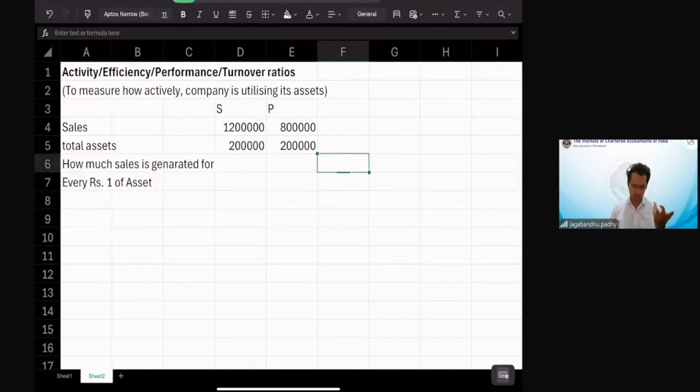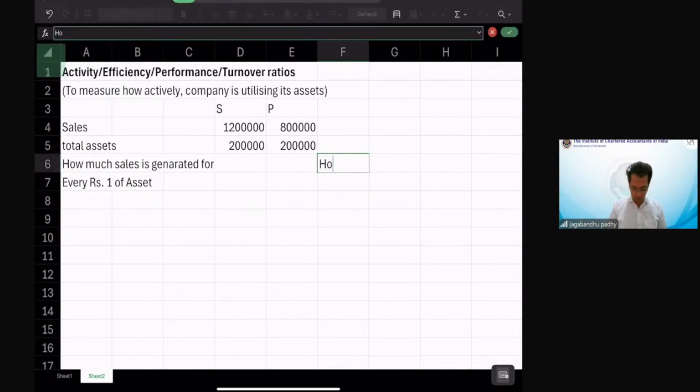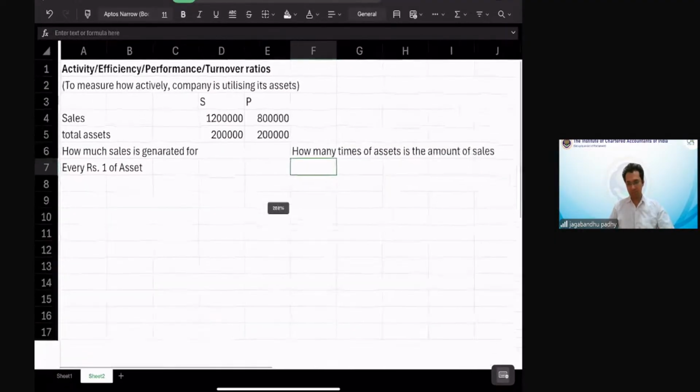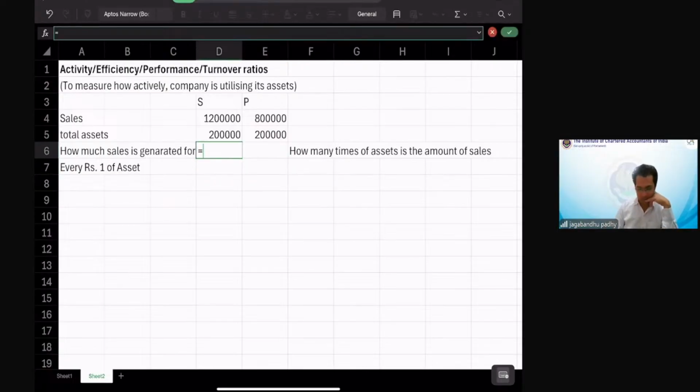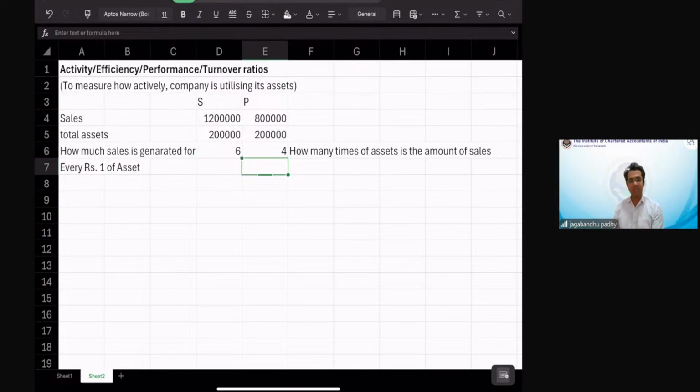Or I can put it the other way around also. How many times of assets is the amount of sales? And so for S, it is 12, it is saying 6, and here it is 4, right? How do we get this 6 and 4?